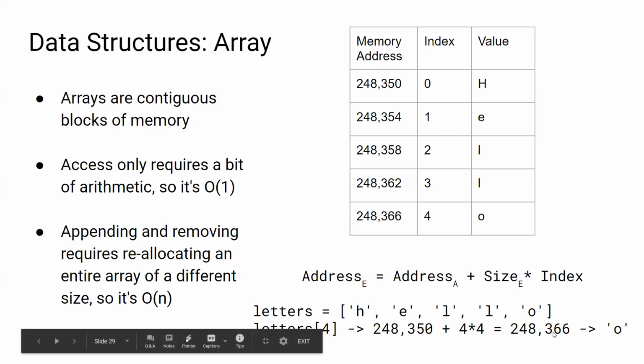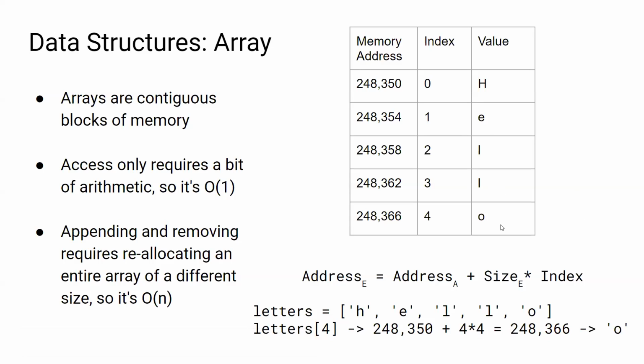That gives us the location in memory of the element with index 4. So it's basically an O(1) operation, right? Because all we have to do is a little bit of math, and then we can go get the element at that index.